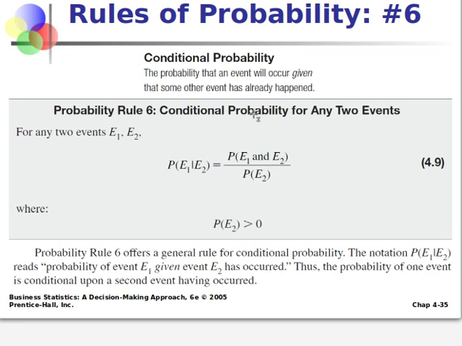This is conditional probability for any two events, which states that for any two events, E1, E2, the probability of E1 given E2 is equal to the probability of E1 and E2 divided by the probability of E2, where P of E2 is greater than 0.